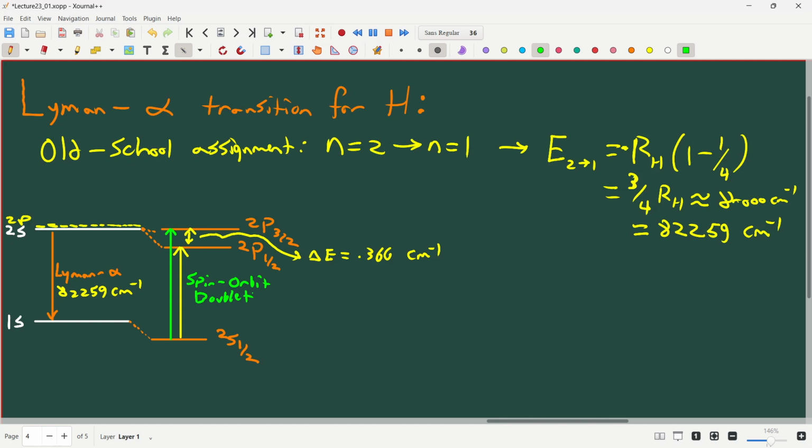The S spin-orbit state for the ground state: there's no L there, so it's S and J is 1/2. Only one state for S, and then there's a doublet for P, 3/2 and 1/2, and they scale as the energy, or as the J. Okay, so this explains that doublet that they saw in the 1920s. You may find it interesting that there's also an S state in here as well.